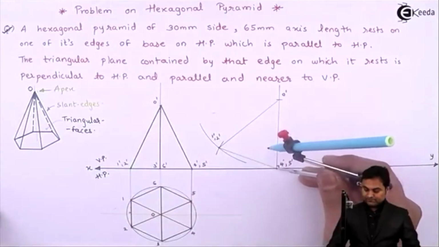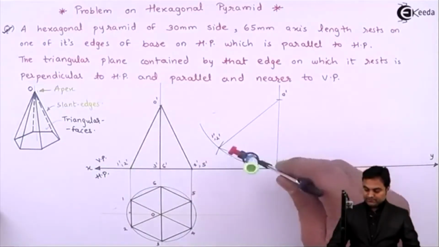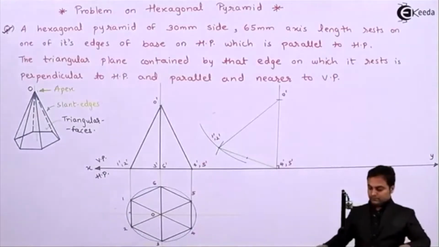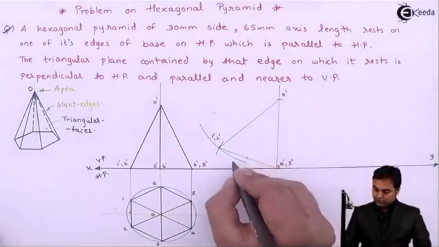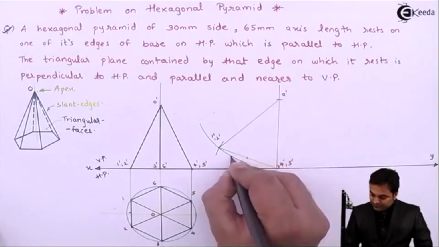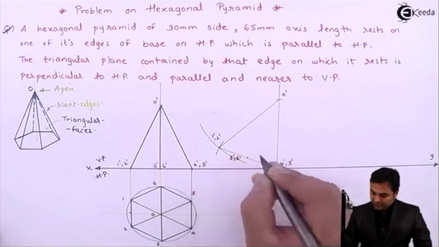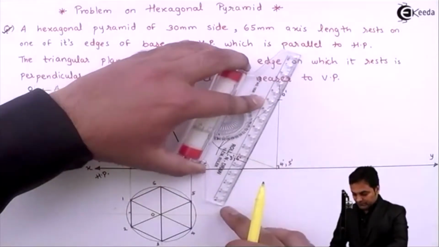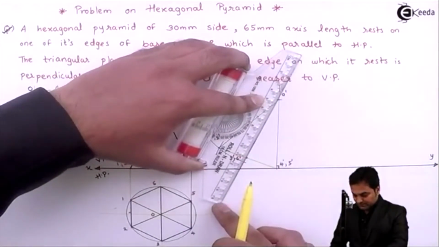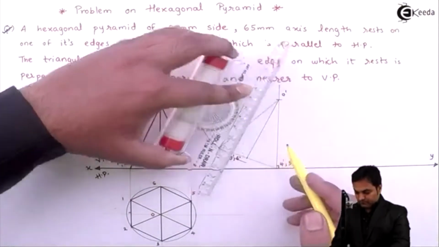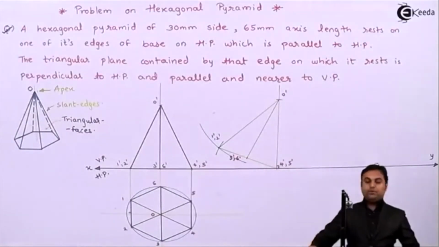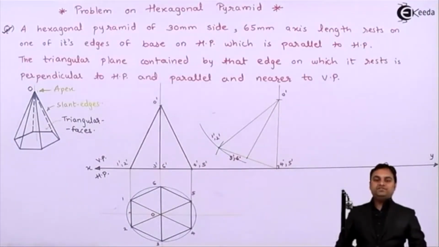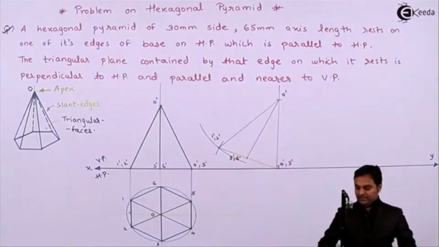Measuring this, I'll plot it over the base. This shows the point 3, 6, joining it lightly with the apex O dash. So this is the pyramid which is perpendicular to HP, seen in VP. I'll make it dark.